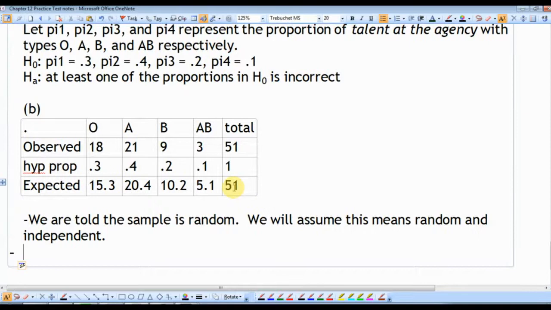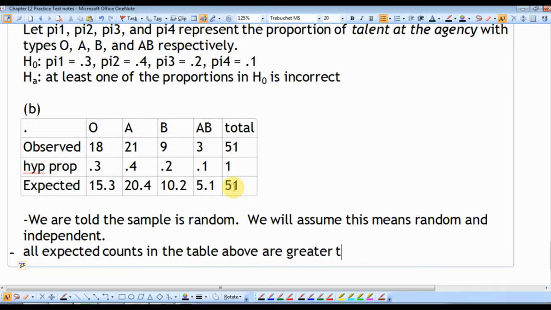All expected counts in the table above are greater than 5. Blood type AB just barely squeaked out. Wait, it can't be 5, right? It has to be greater than 5. You shouldn't be put in that position ever.